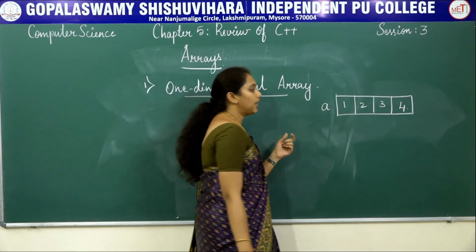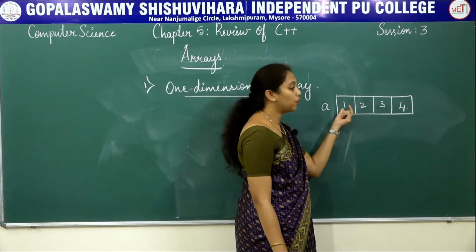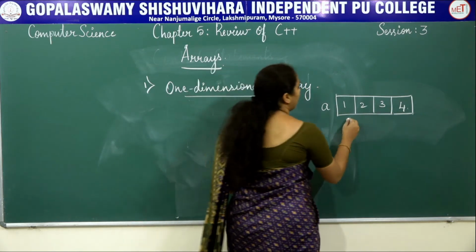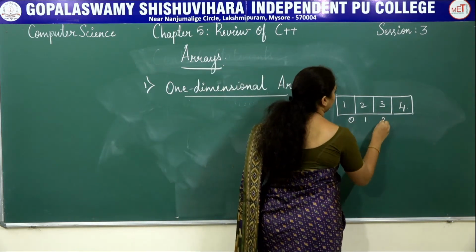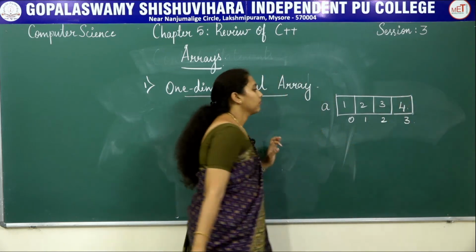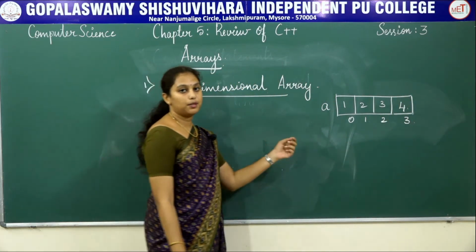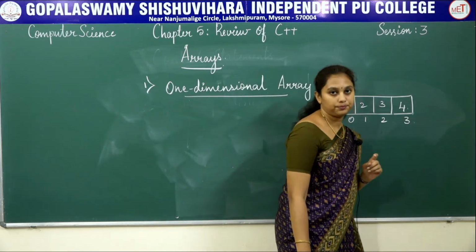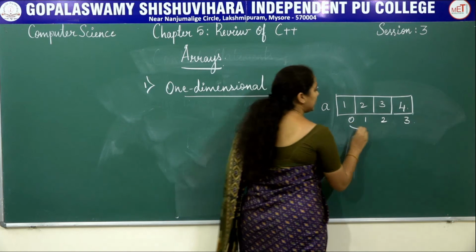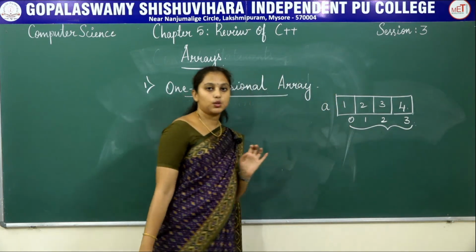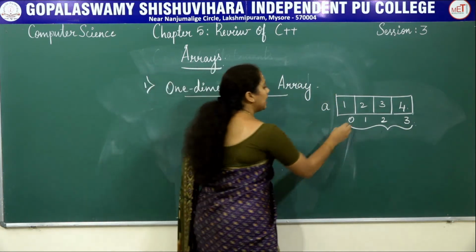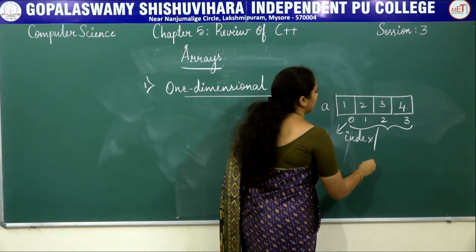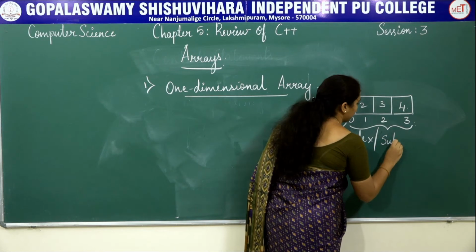The values stored in the array are 1, 2, 3 and 4. Each element is numbered 0, 1, 2 and 3. These are called index or subscript.